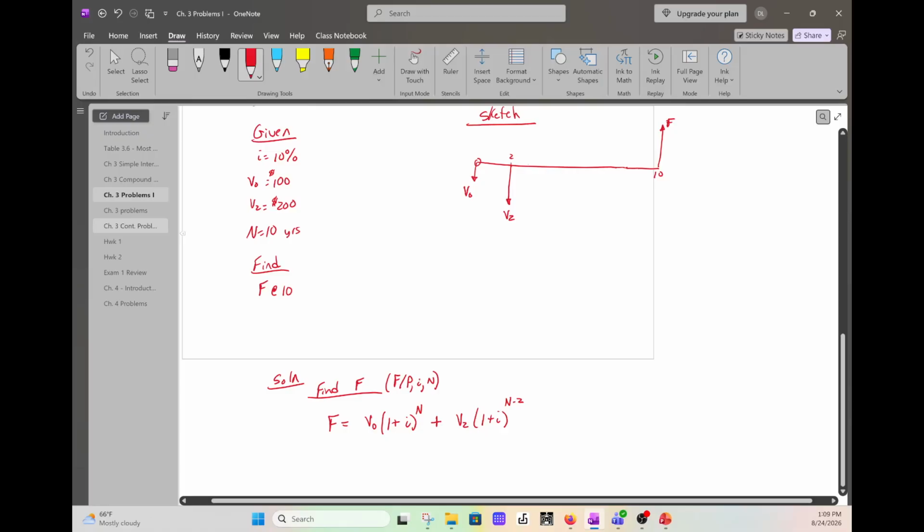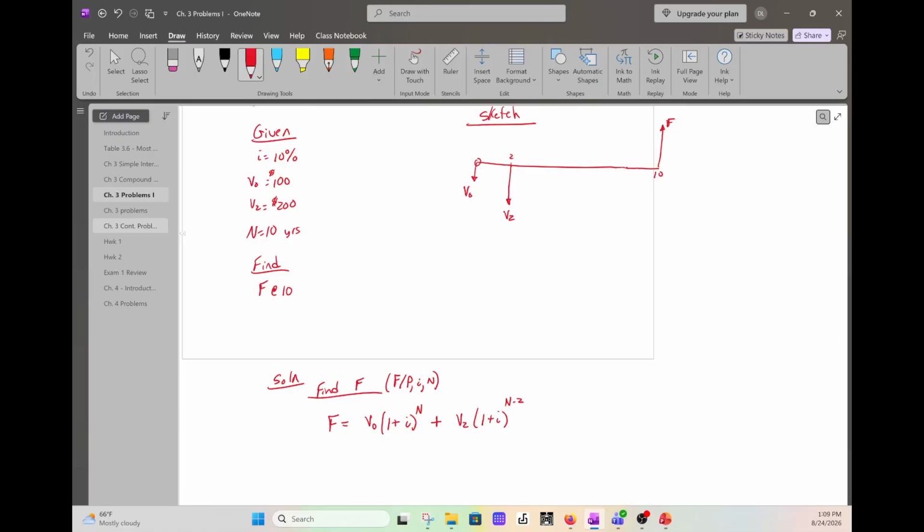Okay. So what we're doing is we're bringing the present values at 0 and 2 to an equivalent future value worth, and we're going to add them together. So this $100 is going to go with an interest rate of 10% for 10 years, where the second one, which gets deposited at year 2, is only going 8 years. Okay.